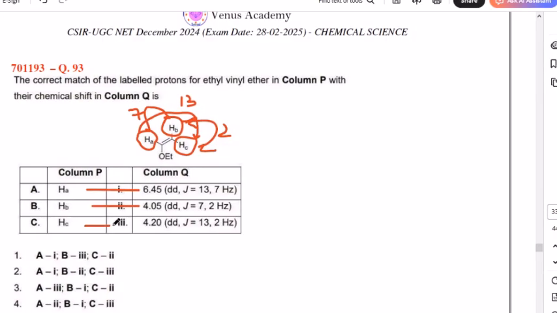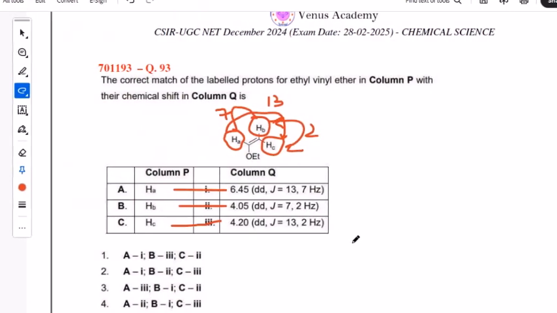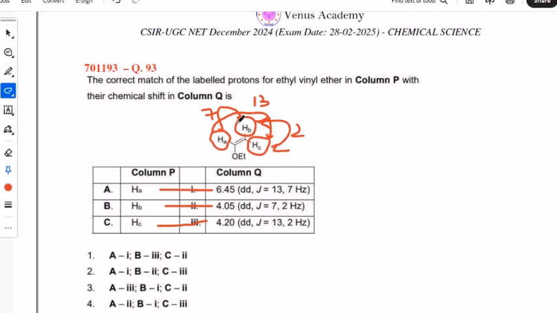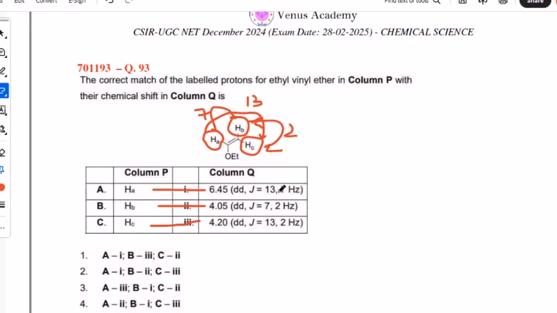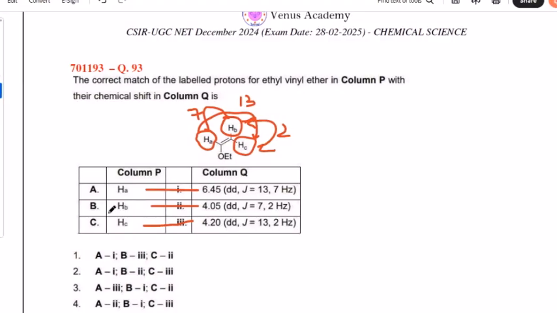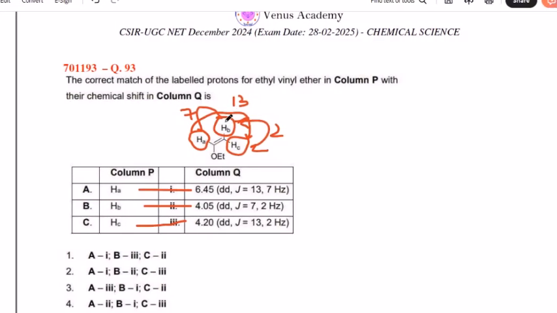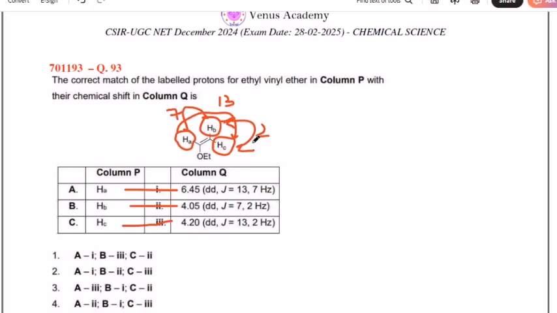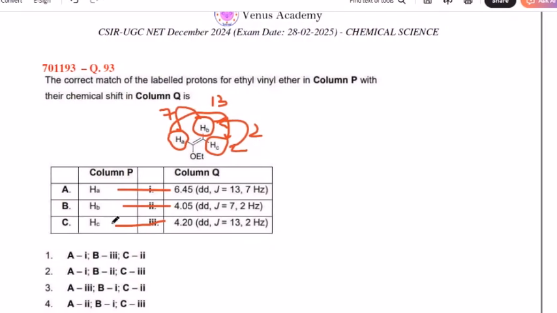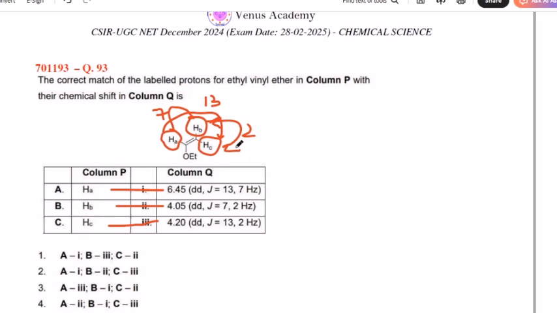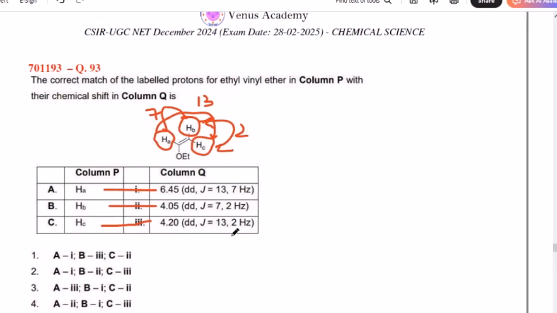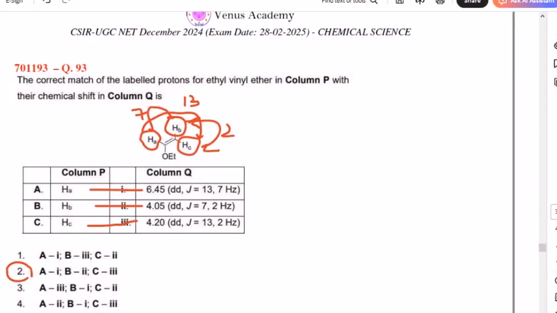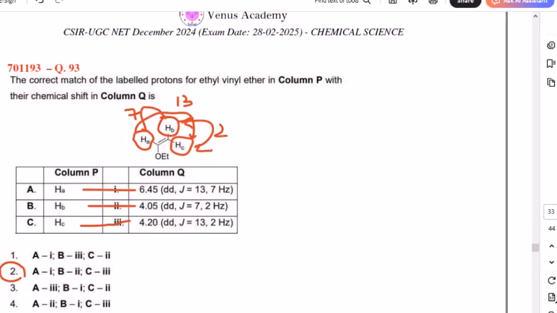So option C, right friends. It is very clear, A is going to give trans coupling and cis coupling, that is why it is going to give 13 and 7 hertz of J coupling. B proton has 7 cis coupling and gem coupling, which is only 2 hertz. Whereas C has trans coupling and gem coupling, 13 and 2 hertz. So option number 2 is the correct option friends, isn't it? So question number 93, option 2 is the correct option friends.